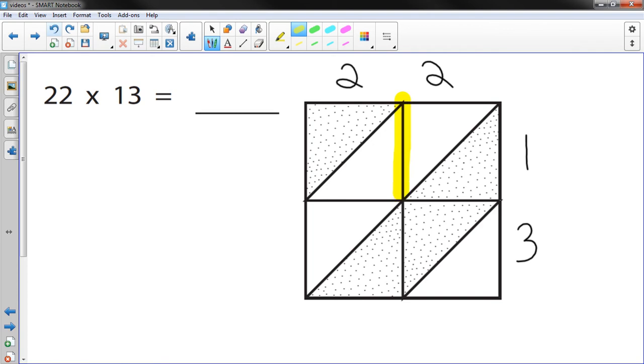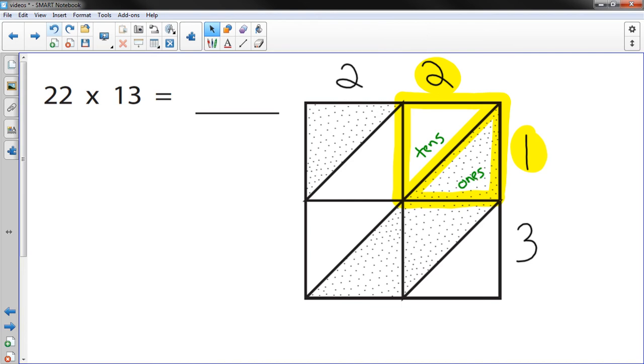What's going to happen is in this box, for example, we're going to solve the problem of 2 times 1. And you'll notice there's two triangles in there. Well, what's really going on is this is the tens place of that little multiplication problem, and this is the ones place of that 2 times 1 piece.